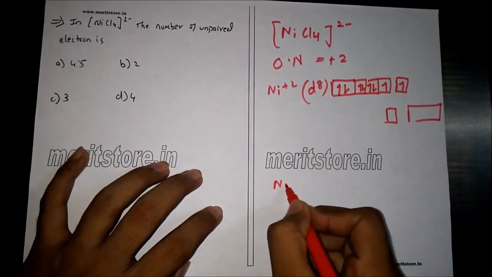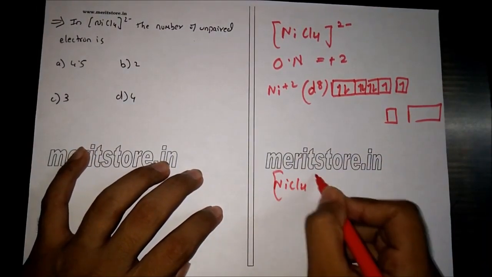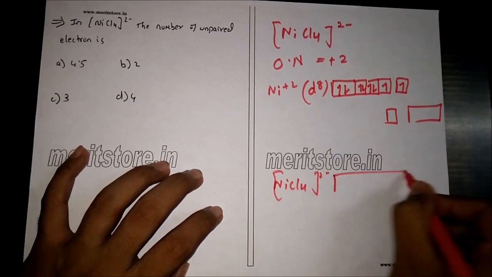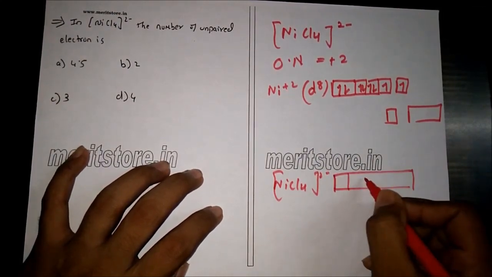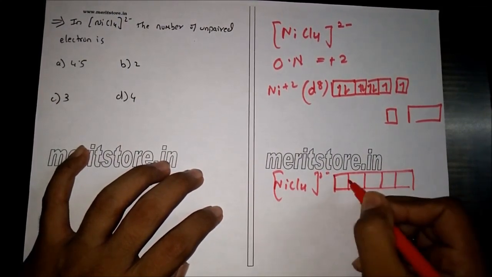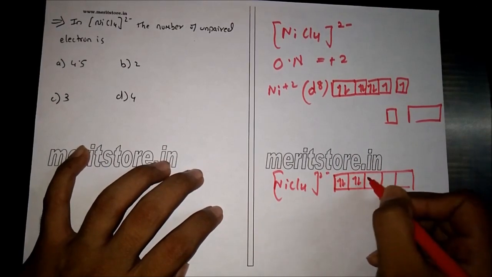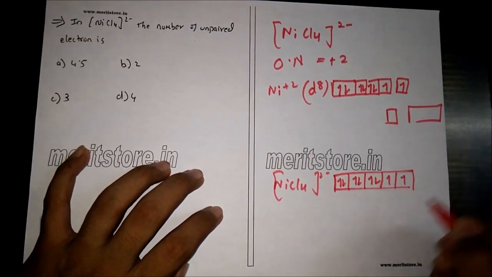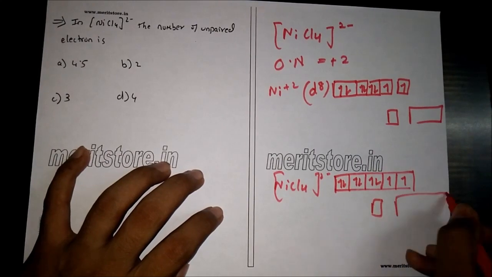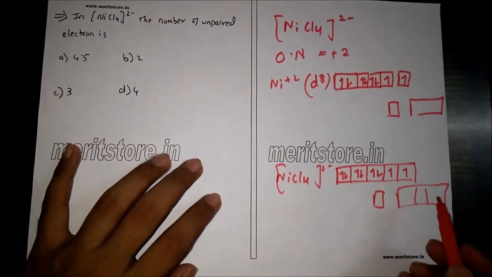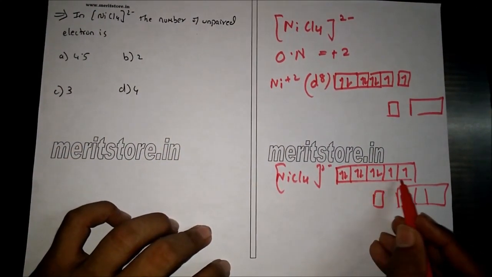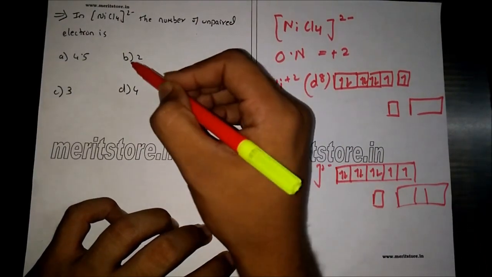Now, therefore, in NiCl4 also the number of unpaired electrons will be 2. This is the structure of NiCl4. Therefore, here also the unpaired electrons will be 2. Therefore, the correct answer is option B, 2.